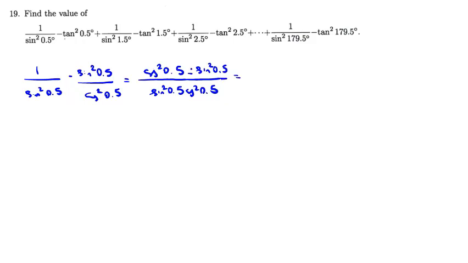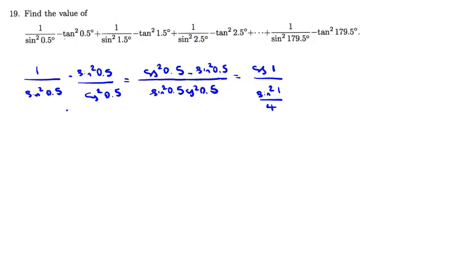Now I can say the numerator is cos 1 degree, and the denominator will be sine times cos is sine 1 over 2. So it will be sine squared 1 over 4. You can see, okay, if you want to write all of them, we can solve it this way.